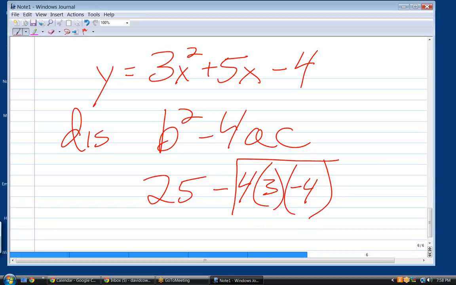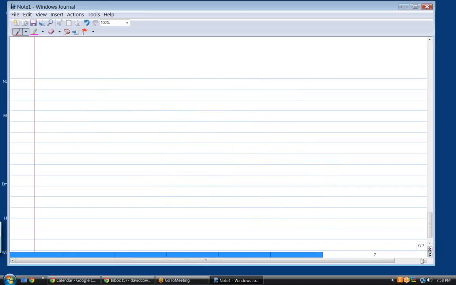In other words, I didn't put that negative sign in the square because this is always negative. So we're always going to be subtracting whatever we get. So if what I have in the square is negative, that means we're actually going to have a positive number. If what I have in the square is a positive number, then it depends on whether it's bigger than 25 or not as to whether we're going to have a negative discriminant. Okay. Yeah, that makes sense.